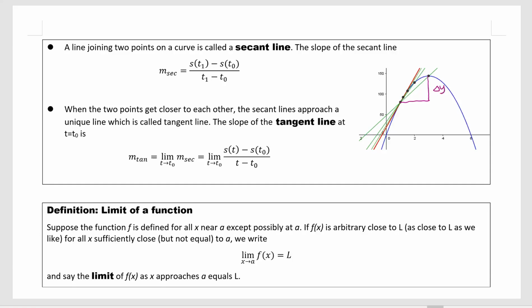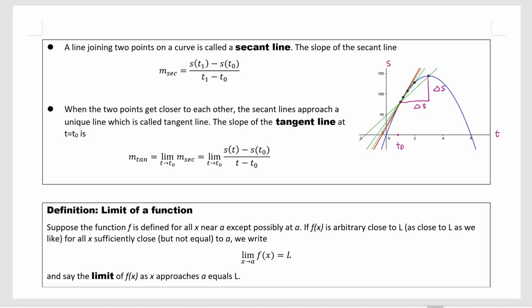Change of y over change of x, right? In this case, we have t and s, so change of s over change of t. This is the slope. So the slope of the secant line, change of s, is s of t1. So let's say this is t1.